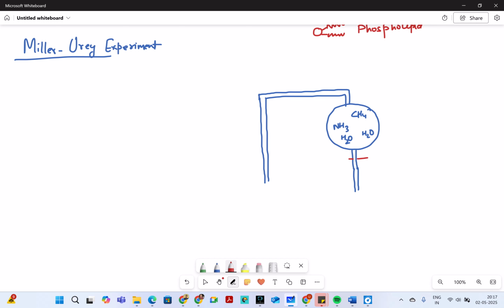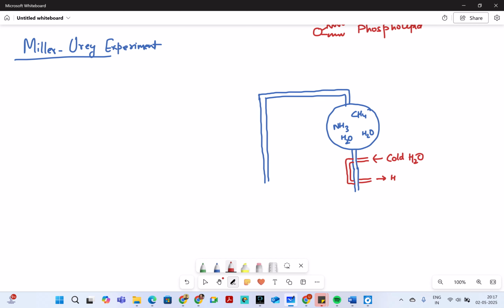Let me draw. So this was through which the cold water was going, and through this hot water comes out, or you can say warm water.